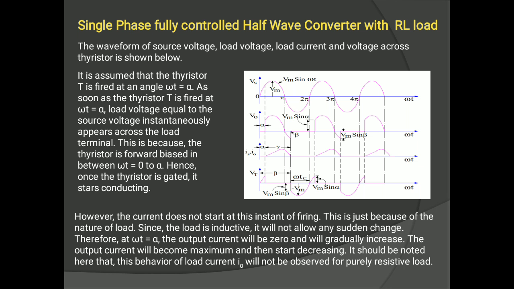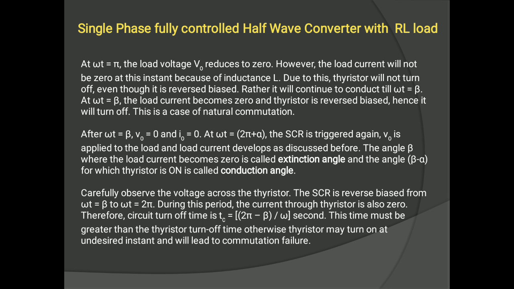The output current will become maximum and then start decreasing. This behavior of load current will not be observed for a purely resistive load. But at omega t equals pi, load voltage V0 reduces to 0. The load current will not be 0 at this instant because of the inductance. So the thyristor will not turn off even though it is reverse biased.